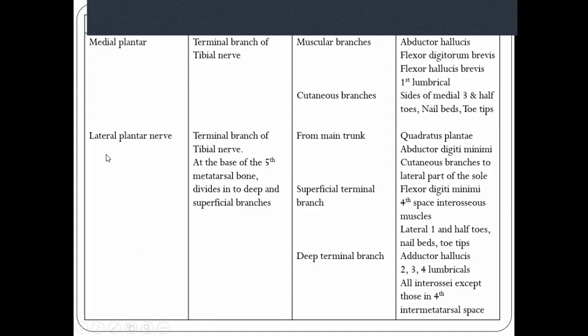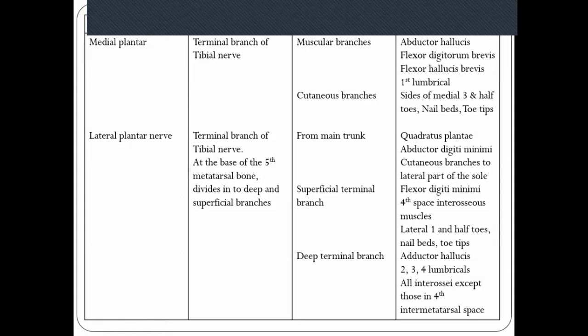The next one is the lateral plantar nerve. This is also the other terminal branch of the tibial nerve. So it also arises beneath the flexor retinaculum of the foot. And it also crosses the sole obliquely medial to the lateral plantar artery. So there also you have your lateral plantar artery, lateral plantar vein, and the nerve.